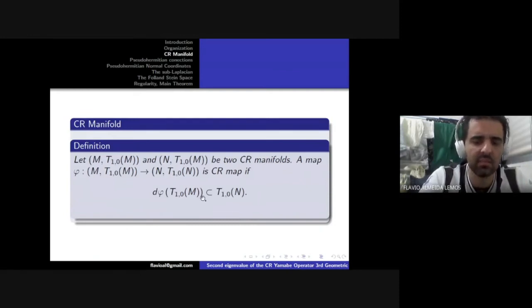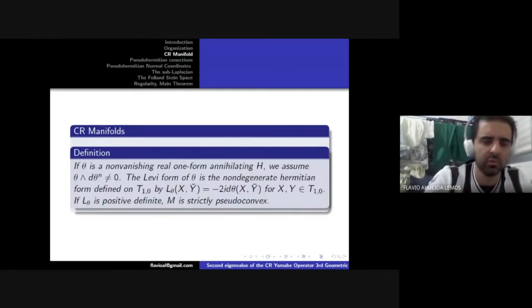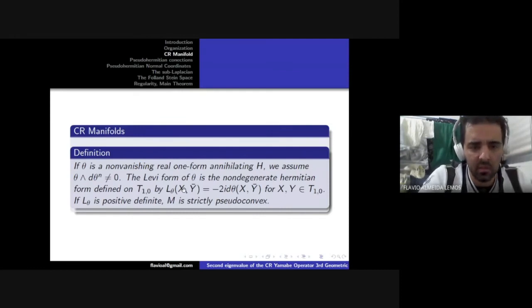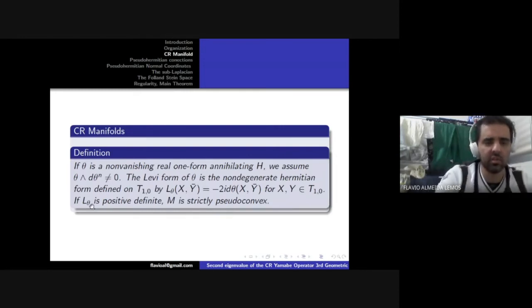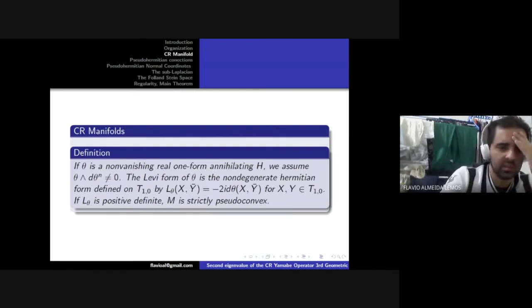We define the Levi form, for X, Y in T10. This Levi form is positive definite, and the manifold is strictly pseudo-convex if the Levi form is positive definite.